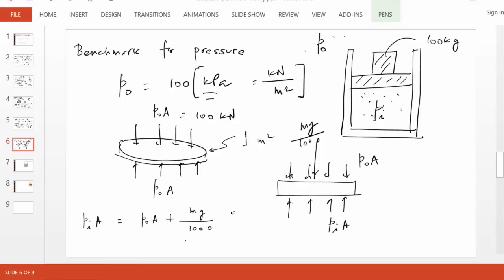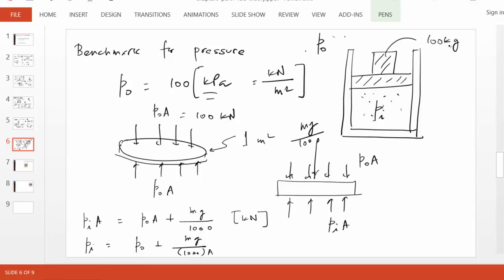These are all in kilonewton. So therefore, Pi can be found to be equal to P0 plus mg over 1000 times area.